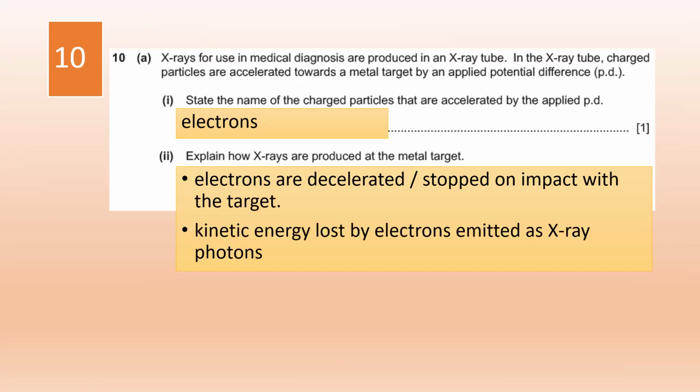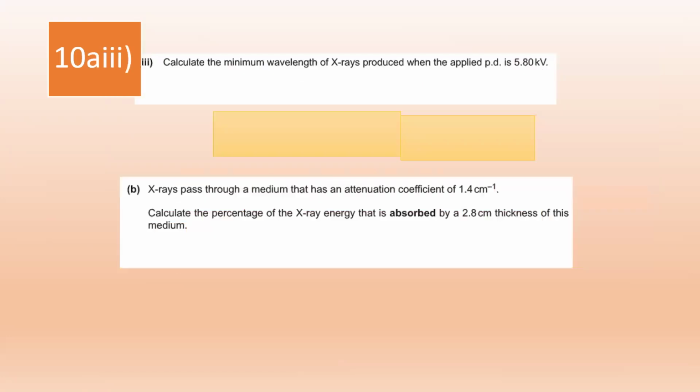Kinetic energy lost by the electron is emitted as X-ray. Calculate the minimum wavelength of X-ray produced when the applied PD is 5.80 kilovolt. That's the energy of the electron converted to a photon or X-ray.